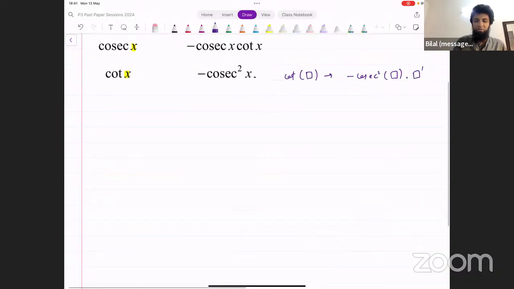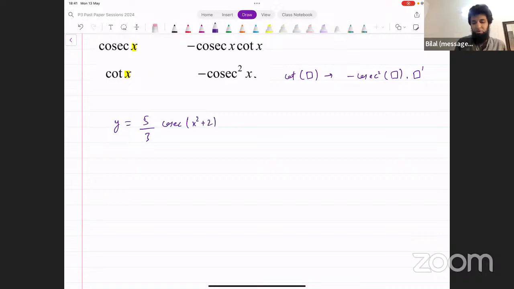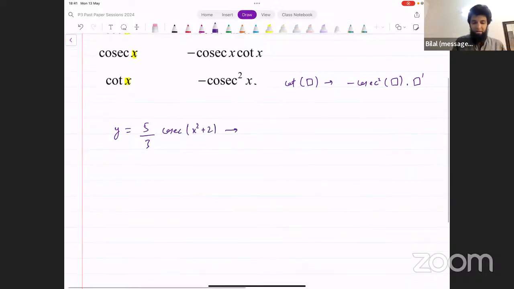Okay, let me give you an example. So if you have a function which is 5/3 into cosecant of x square plus 2, what's the derivative of that? Dy over dx. 5/3 remains as it is. Derivative of cosecant, that is given by minus cosecant into cot.